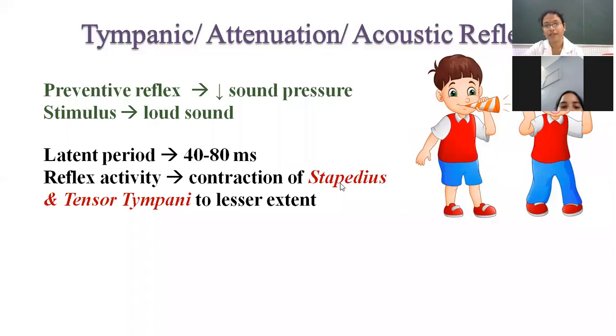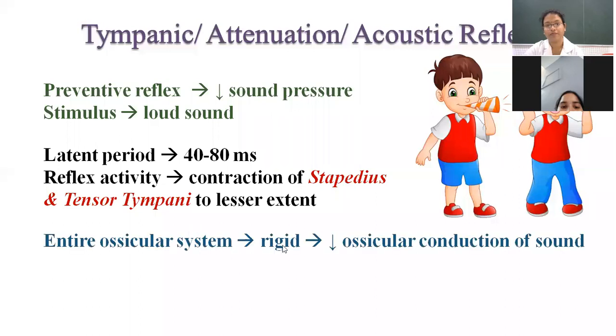That makes the footplate very rigid, and to a lesser extent the tensor tympani, which anchors the malleus to the middle ear. So if these muscles make the ossicle system rigid, what is going to happen? The sound conduction via these ossicles will reduce. So this lever system will become more rigid and will reduce the pressure of the sound which is being exerted on the oval window.